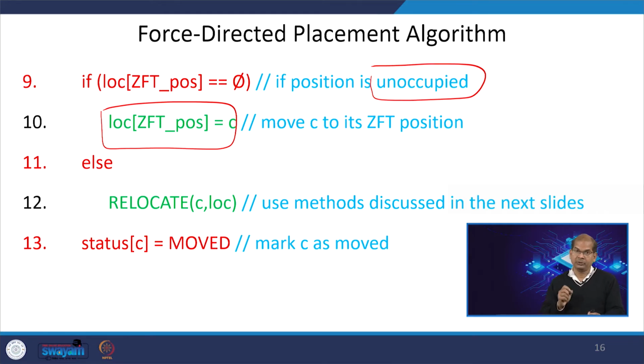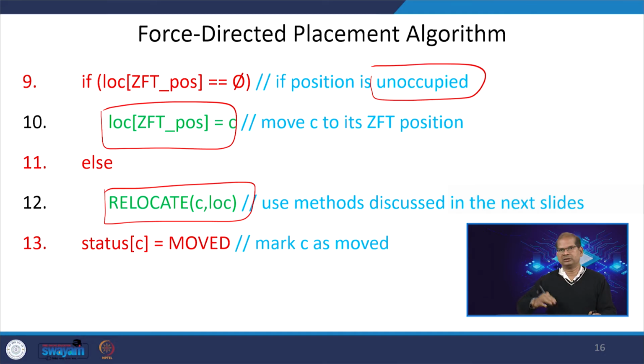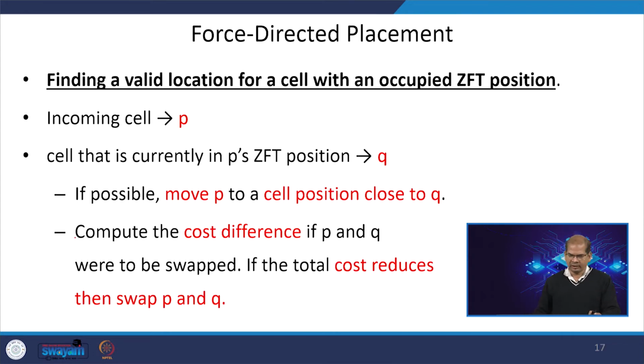Else, if the JFT position of the cell C is occupied by another cell, then we have to move the cell C to another location. We then go through the relocate algorithm to find those locations. Finally, we mark the status of the cell C as moved. So, how can we move? There are a couple of techniques.